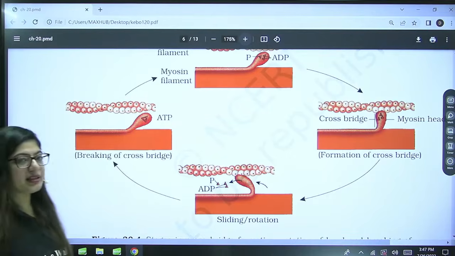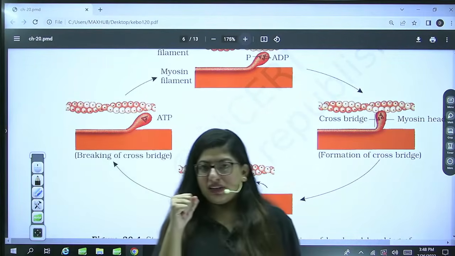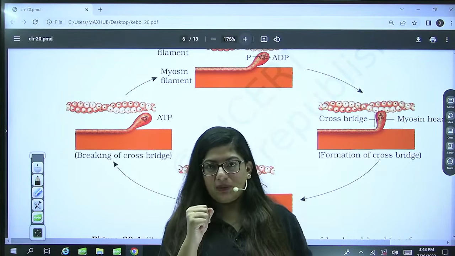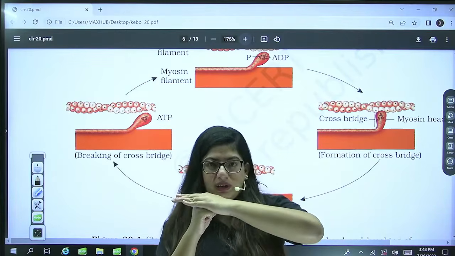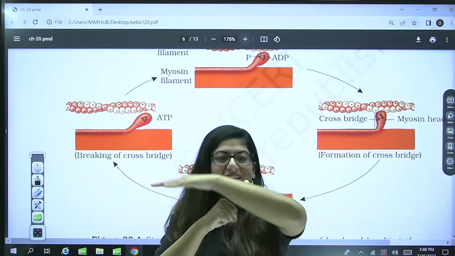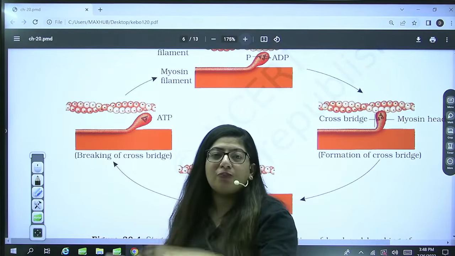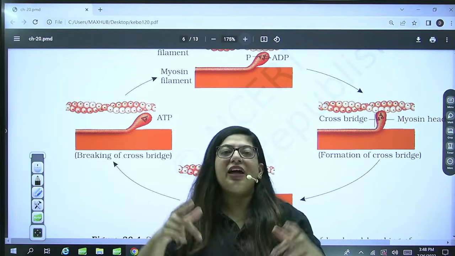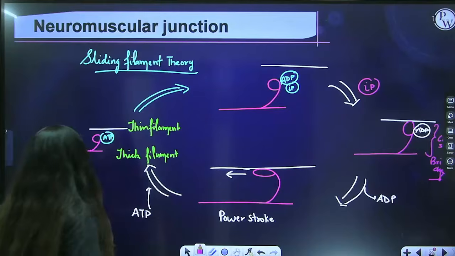Okay. So very simple. Here ATP breaks down into ADP and IP. IP release, attachment. ADP released, sliding. ATP attachment, detachment. So always on binding of new ATP, there will be detachment. You have to write this line in the notebook also. Okay.